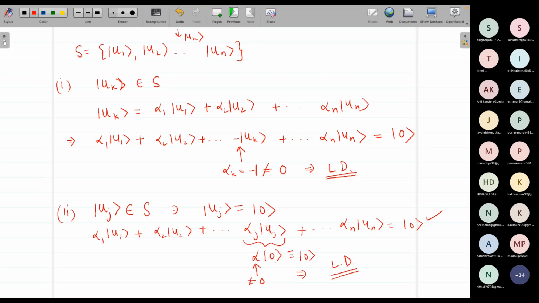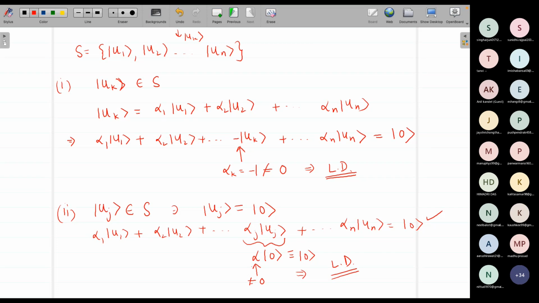Because if you multiply 0 with the 0 vector, then also you get 0. The equation will be satisfied irrespective of the value of alpha, and hence alpha does not necessarily need to be equal to 0 for the equation to be satisfied. Remember the definition for linear independence: all the coefficients must identically be 0.